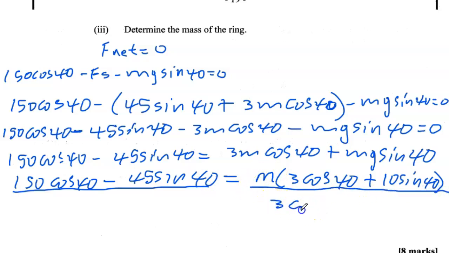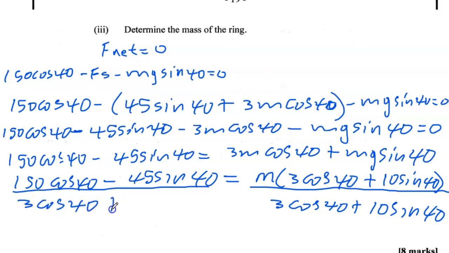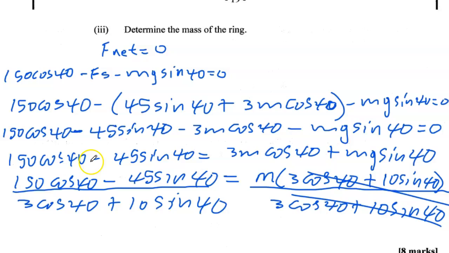We get 3 cos 40 plus 10 sine 40. Divide by the bracket here, same thing. We get 3 cos 40 plus 10 sine 40. So these terms cancel. So we're left with m equal to, on the left hand side, 150 cos 40 minus 45 sine 40. I'm getting 85.98.